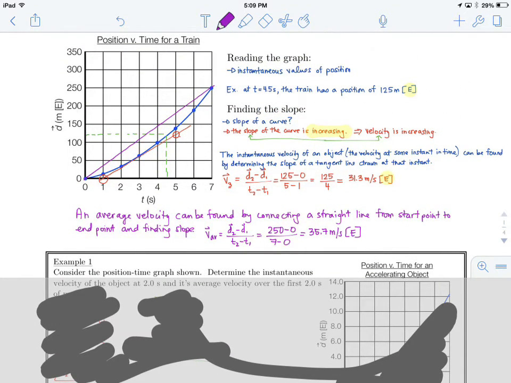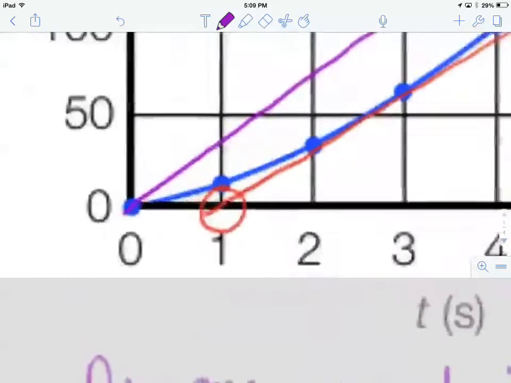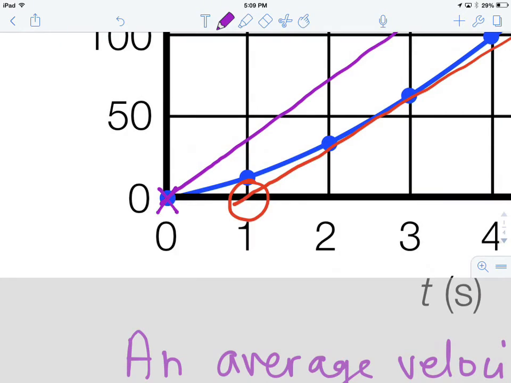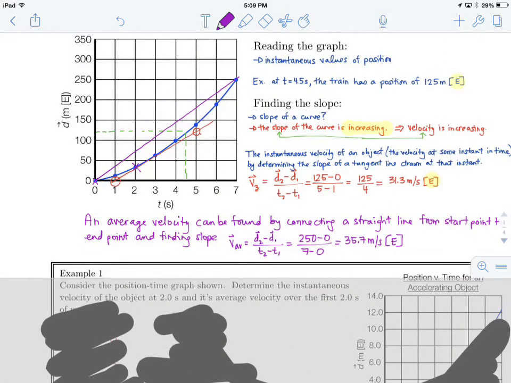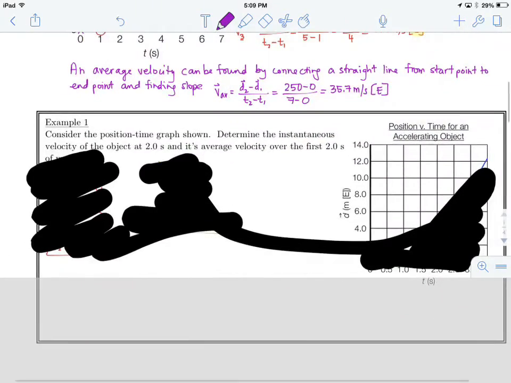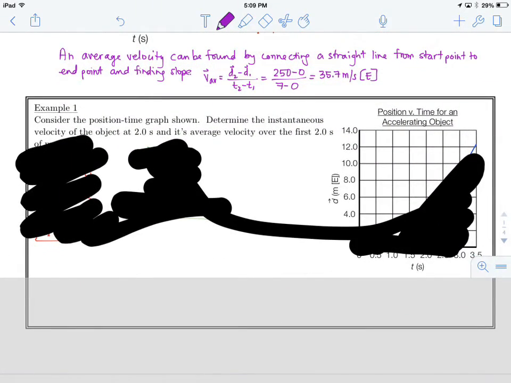Again, if we wanted to do the average velocity over the first 2 seconds, then you would take a straight line from here to here, connect those and find the slope of that line, and so on and so forth. All right, so there you have it. Here is an example. Consider this position-time graph that I've shown here. My copy's blacked out because I've got the answers.